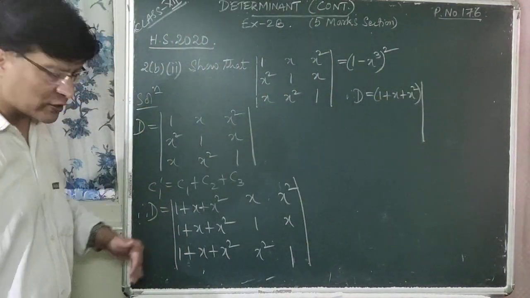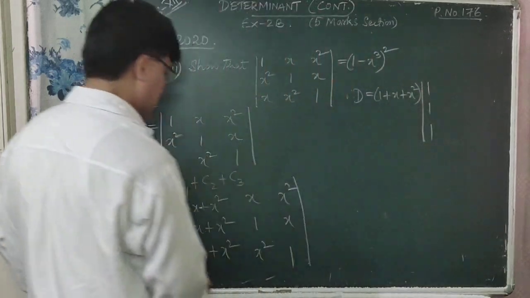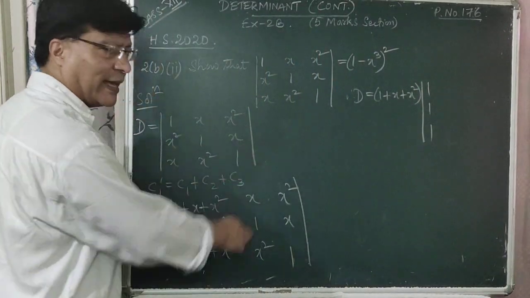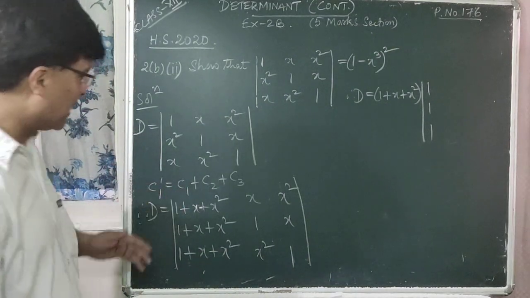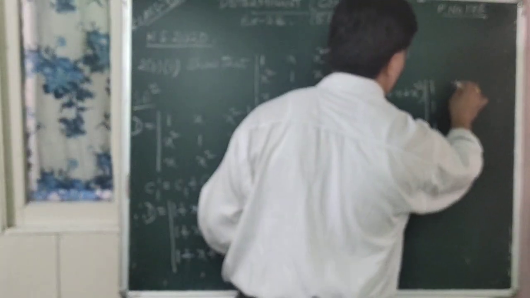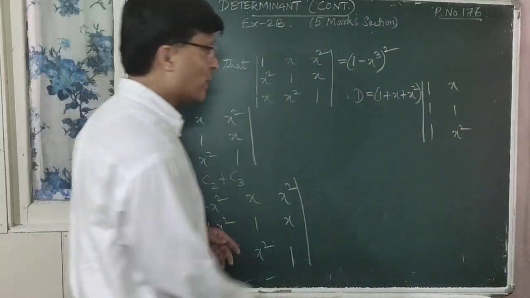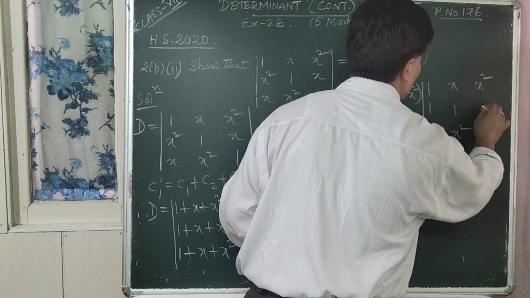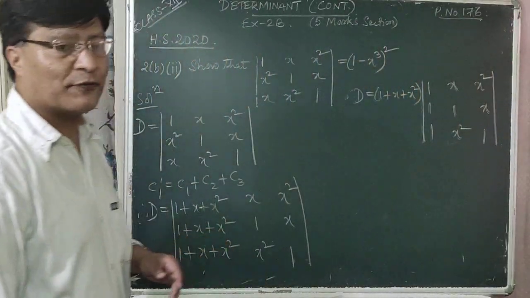Now what is the new first column? 1 1 1. Next, second and third columns remain same. That is x 1 x square, right? Then x square x 1. Is that clear to all of you?